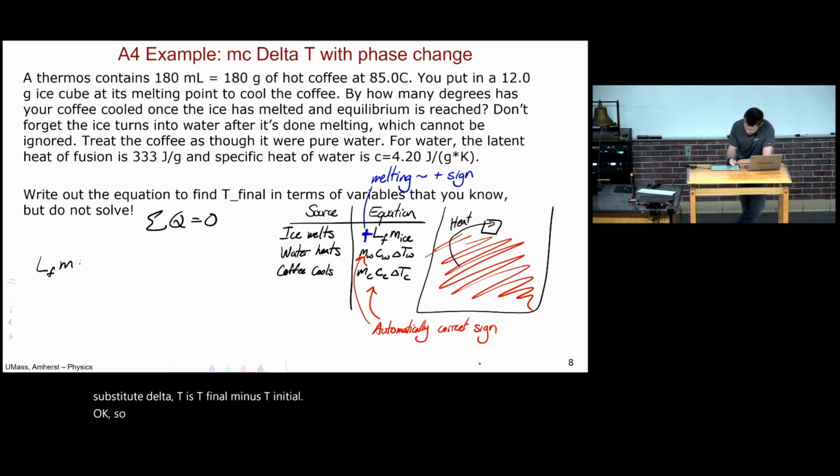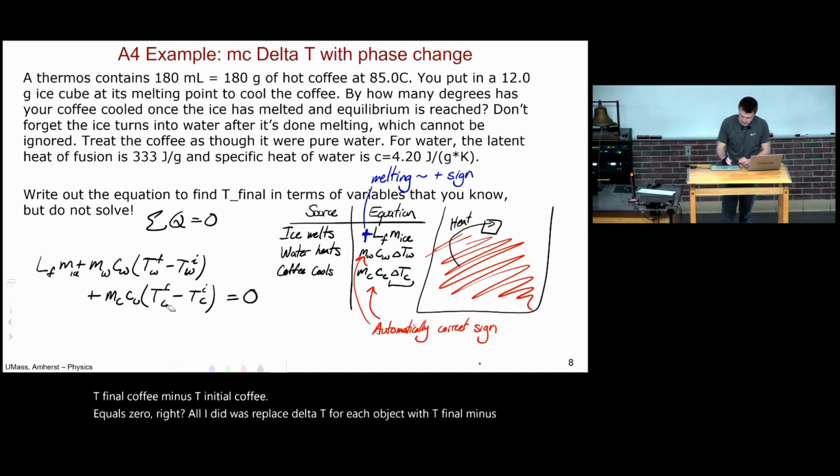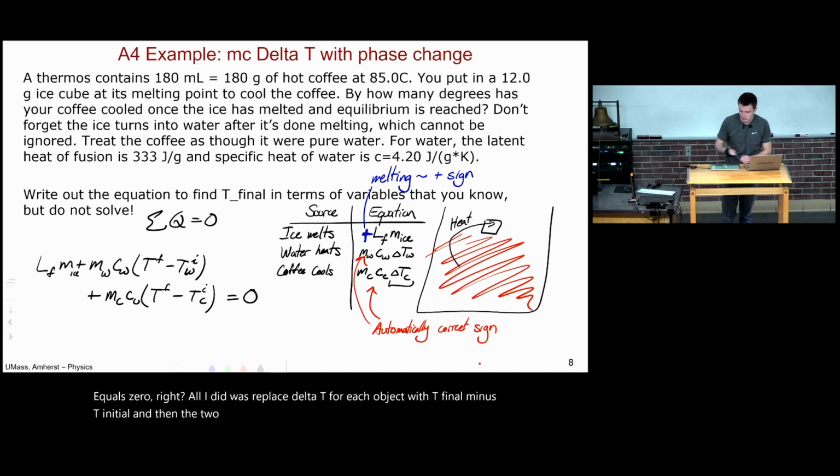Okay, so LFM plus M ice, M water, C water, T final water minus T initial water, plus M coffee, C coffee, T final coffee minus T initial coffee equals 0. Right? All I did was replace delta T for each object with T final minus T initial, and then the two T finals are the same when they're in equilibrium.